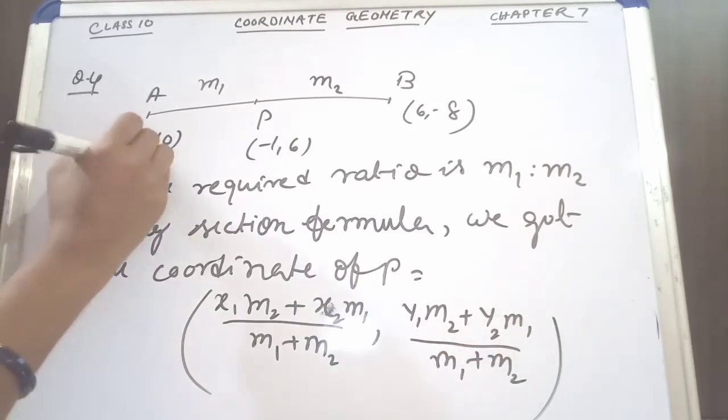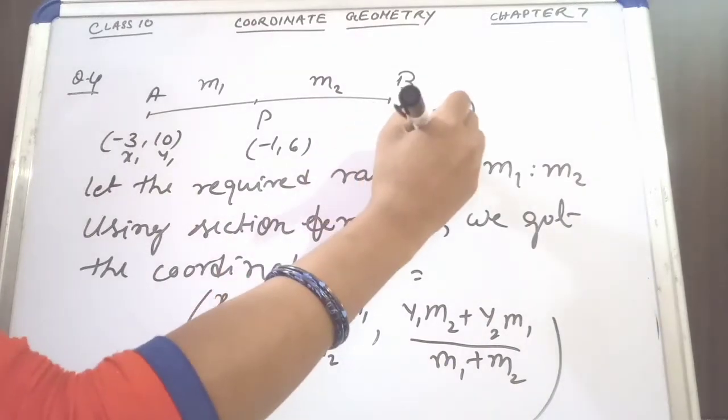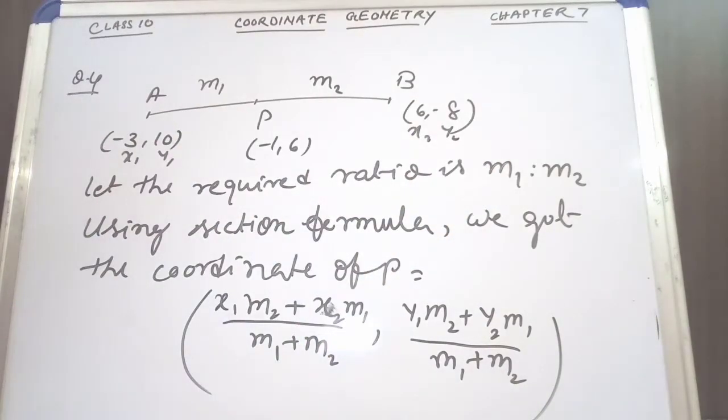Suppose this is x1, y1 and this is x2, y2. So put the values.